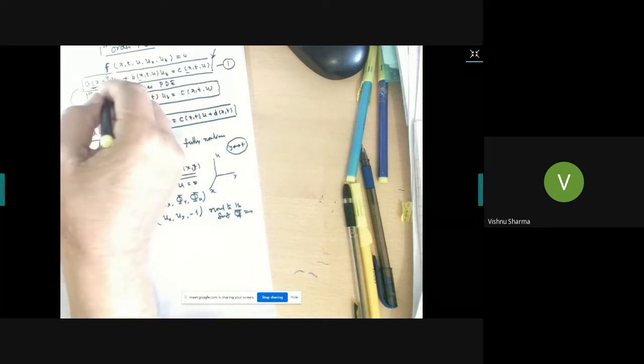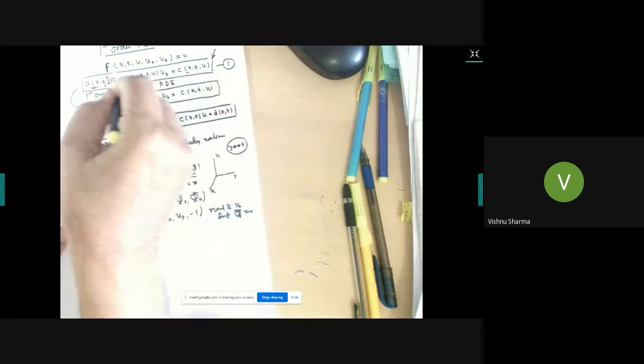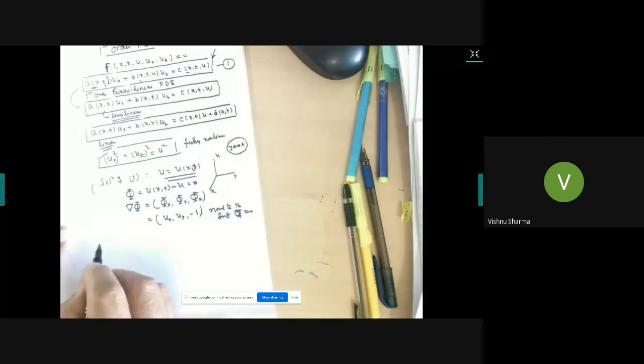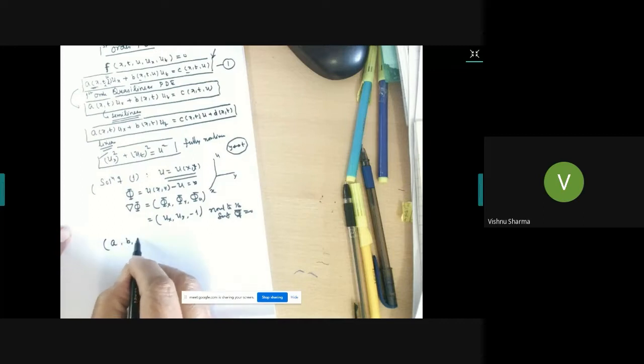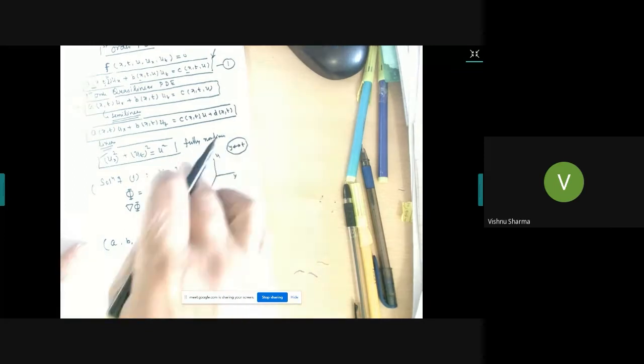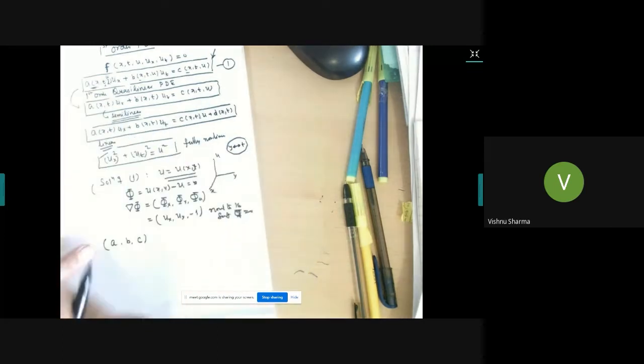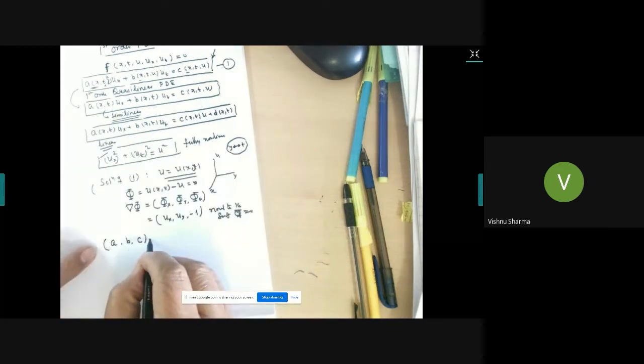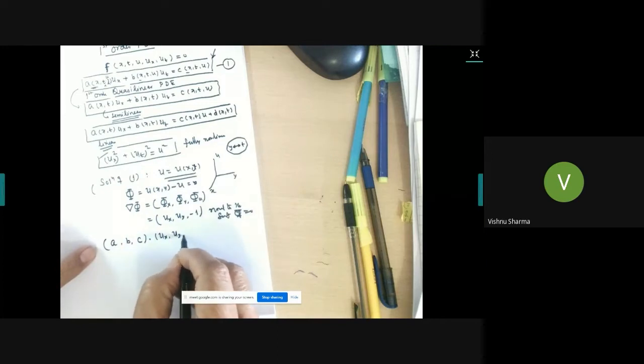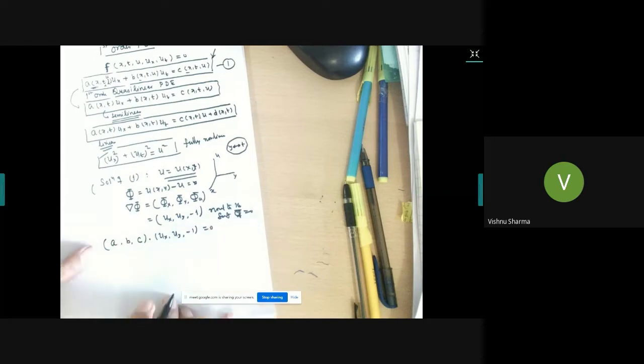So if you just look at this partial differential equation, I can write this in the form of this function a, b, and c. Actually, this is a vector field in x, y, u space or x, t, u space, same thing, dot u_x, u_y or u_t, minus 1, this is equal to 0.